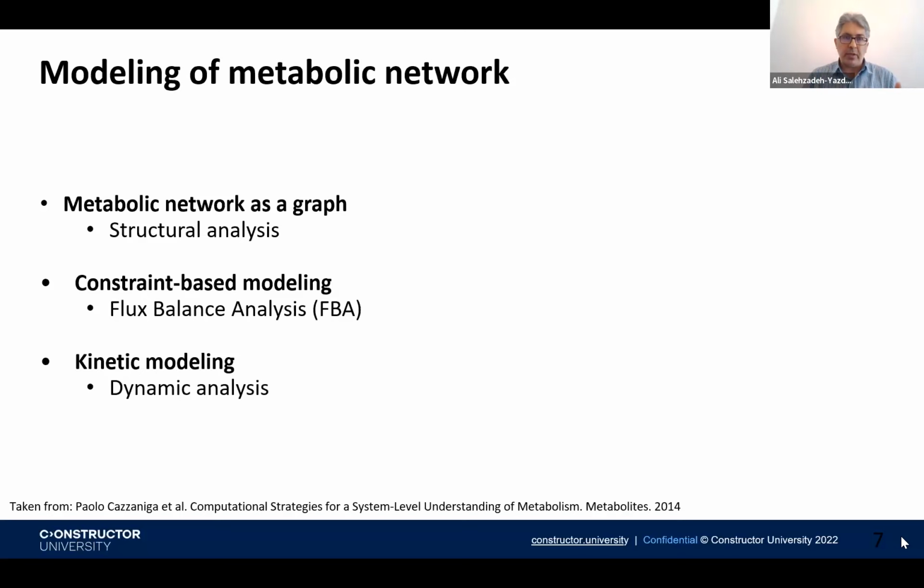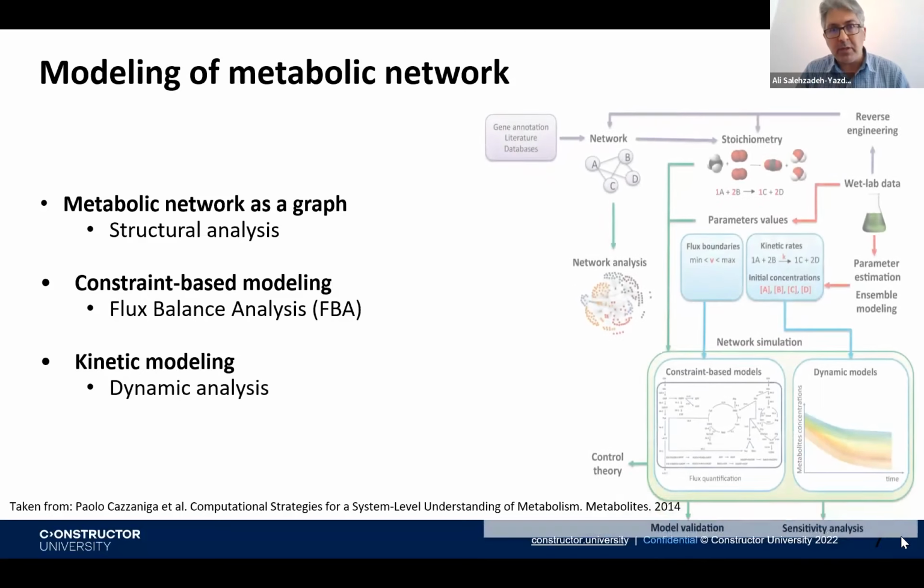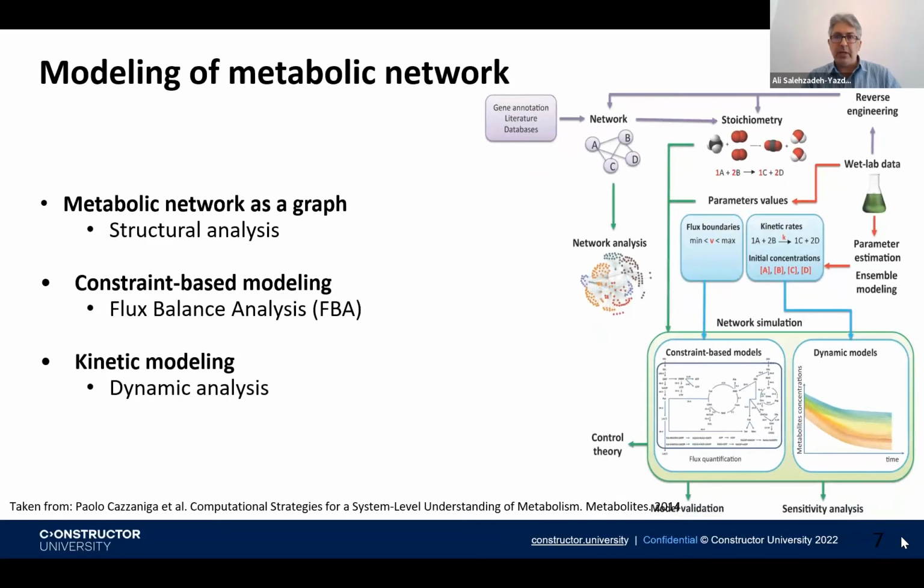Briefly, if I can tell you about the different metabolic network modeling approaches, we have three different sets. It starts with the most abstract one, which we call network modeling, or metabolic network as a graph. We consider the whole metabolism as a graph, and we just consider the nodes, which could be a metabolite or an enzyme.